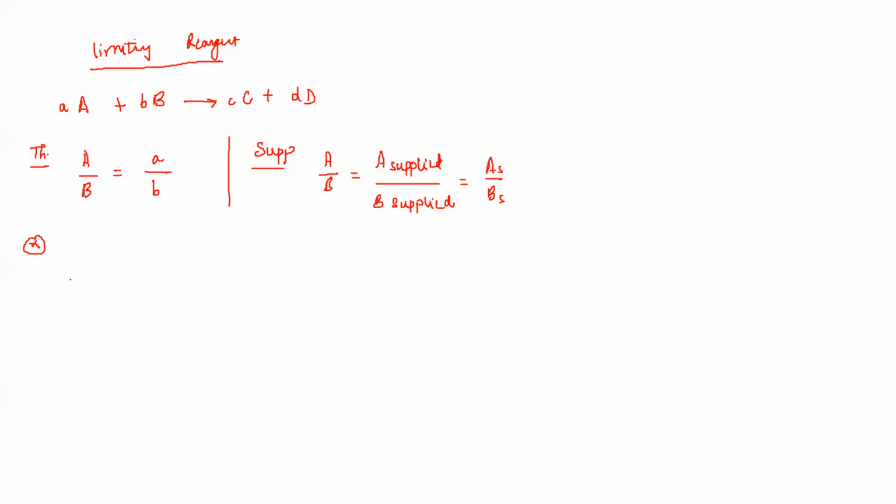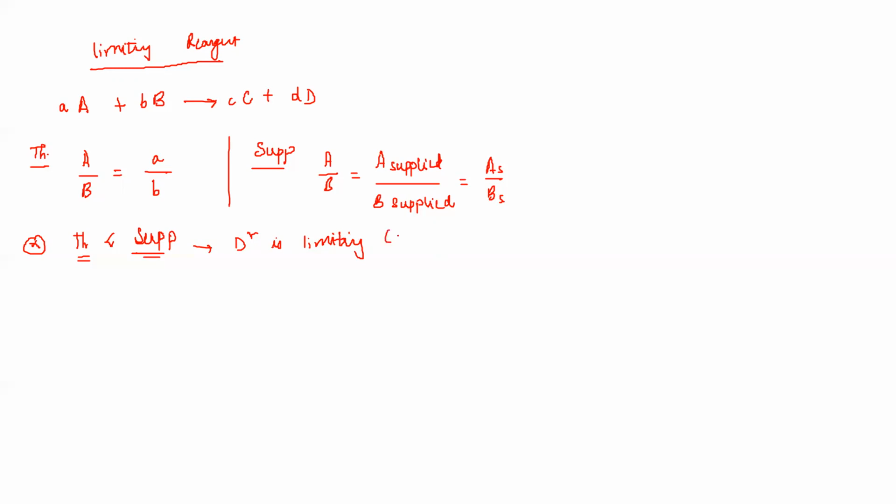But let's say I get my theoretical ratio lesser than my supply ratio. Then in that case, my denominator would be limiting.